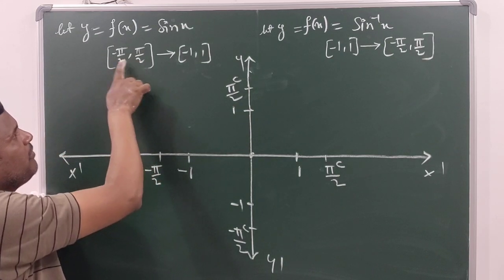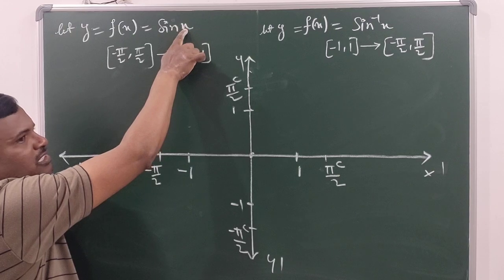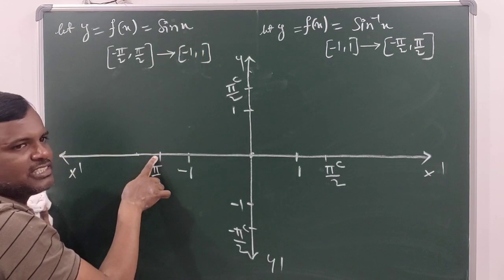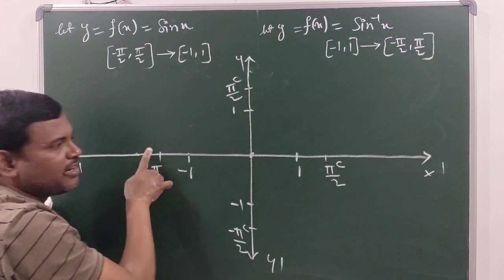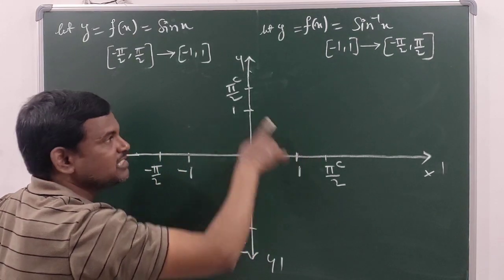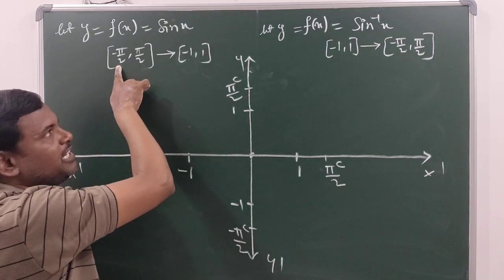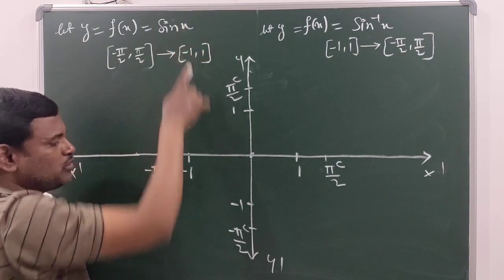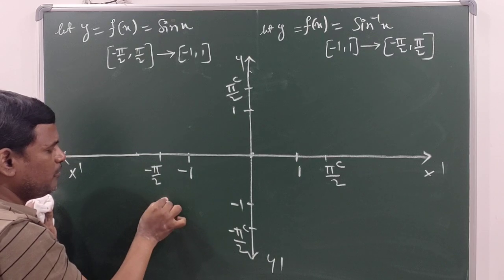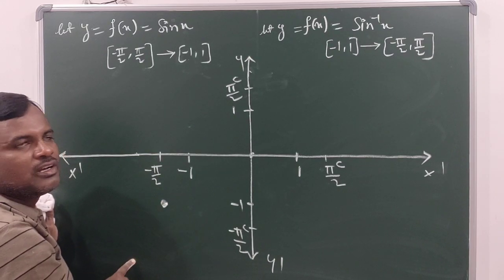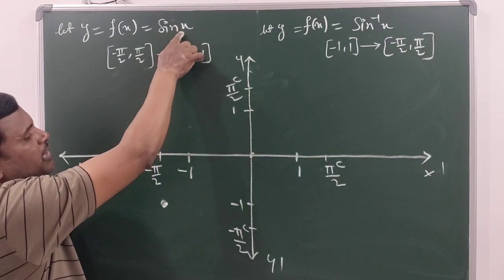If you put a domain value minus 90 for x, sin of minus 90 is minus 1. So on the x axis, while drawing the graph, we take the domain on the x axis, whose respective range is on the y axis. Now the domain is minus 90. If you write minus 90 here, whose respective range will be minus 1. Somewhere here you will get it. When you put 0, sin 0 is 0.